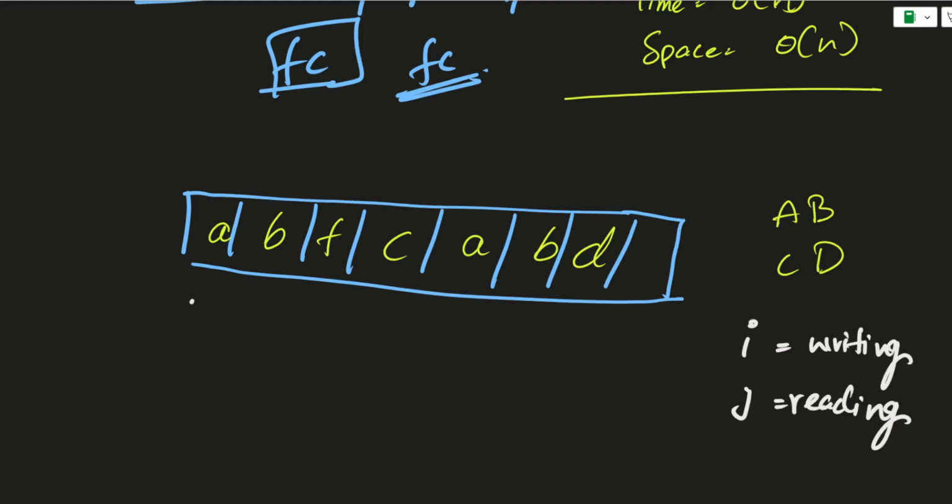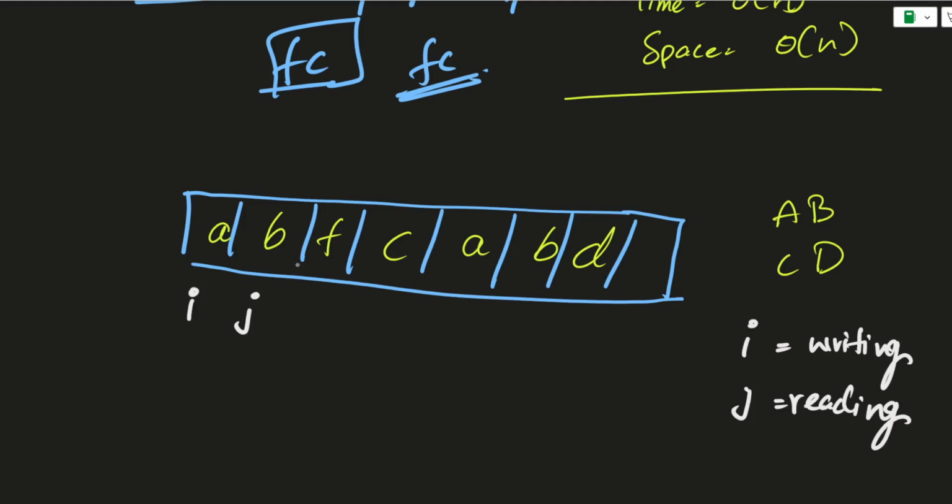So here we have the I pointer and also the j pointer. First, the I pointer is at A, and the j pointer is at B. So it is the pattern.